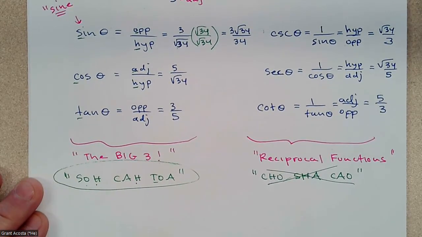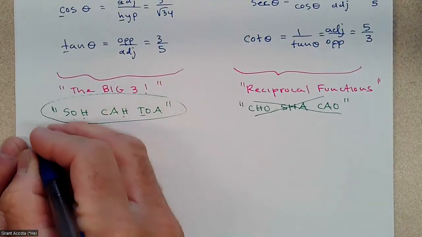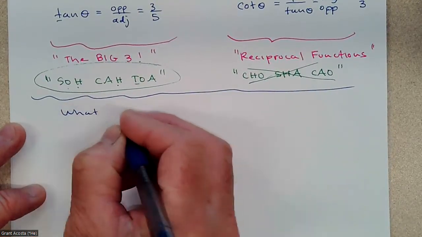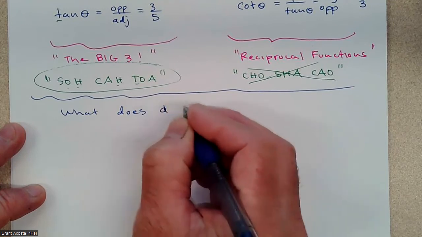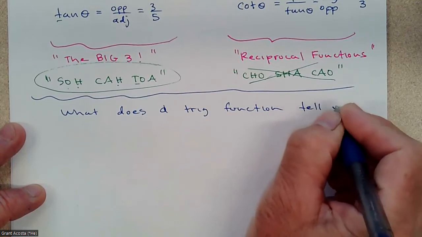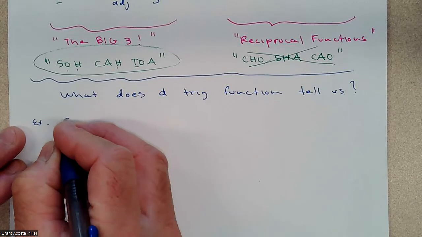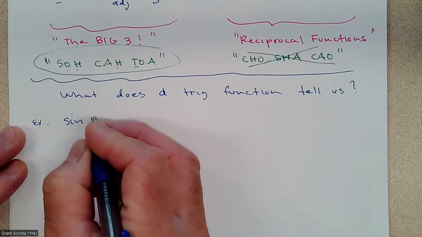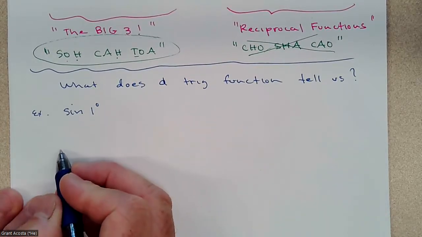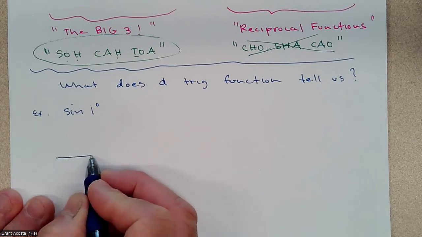Now, just a little bit of insight into what these trig functions actually tell us. They tell you something about the angle. For example, let's say I was going to find the sine of 1 degree. If you think about a triangle that has a 1 degree angle, it might look something like this.